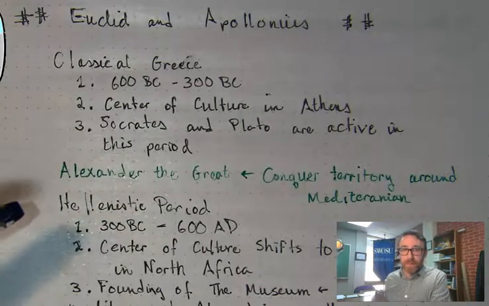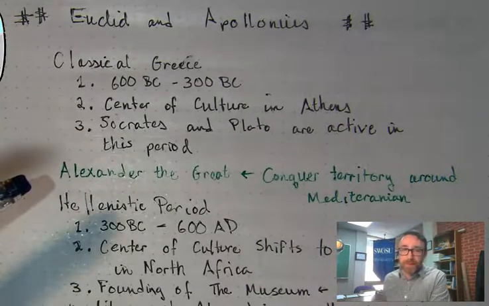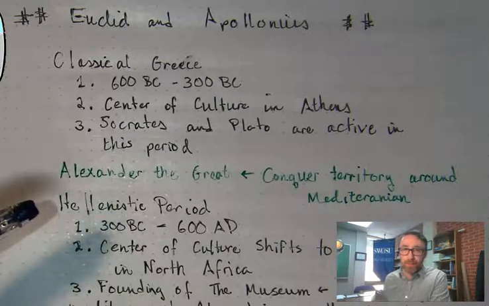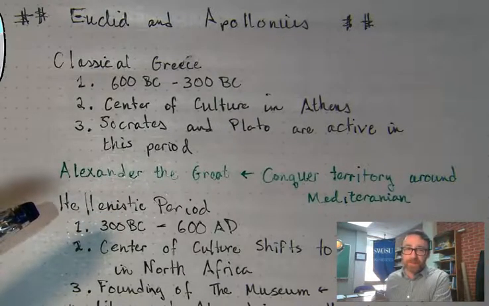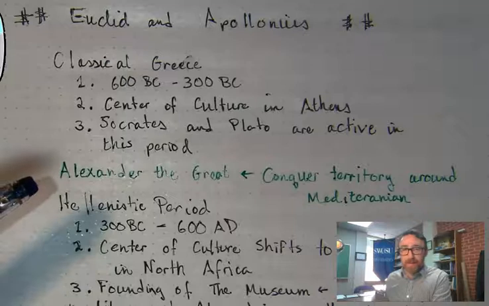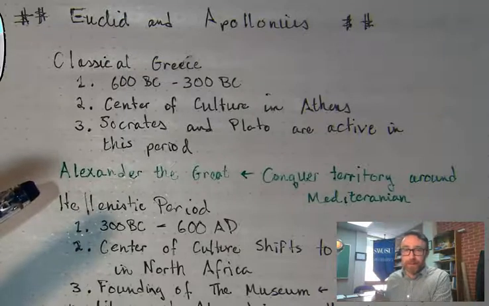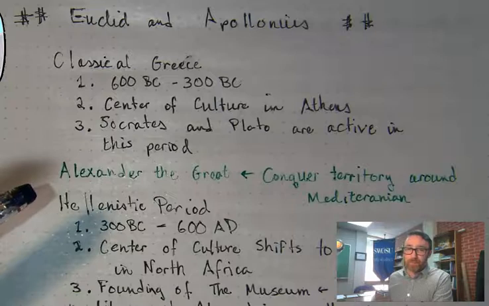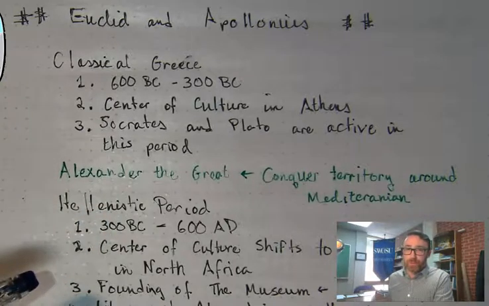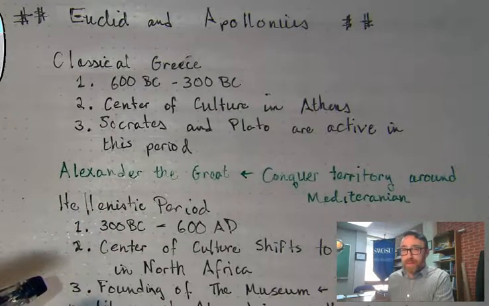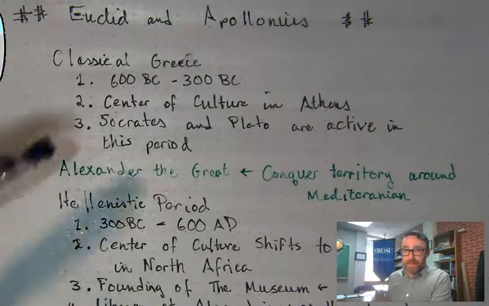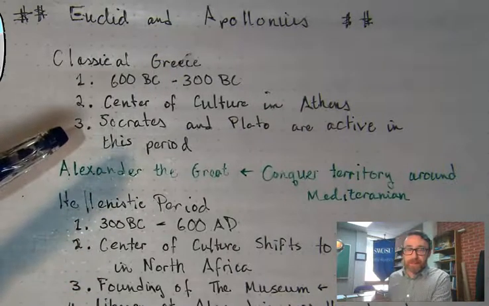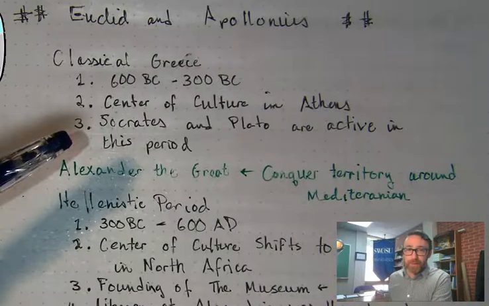Now, what separates the classical Greek period from what our author calls the Hellenistic period is Alexander the Great. Alexander the Great conquered a bunch of territory around the Mediterranean Sea, and that leads to a spreading of Greek culture outside the city-states that were active in the classical Greek period.